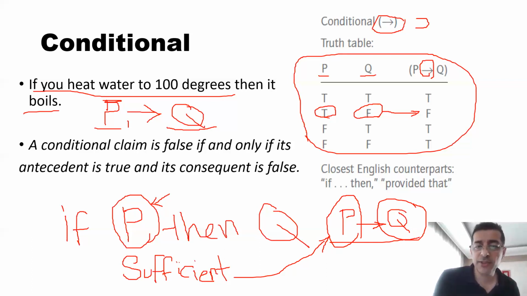So if we have combustion, then we must have oxygen, right? So we say combustion, oxygen. So oxygen is a necessary thing for combustion. Notice that the necessary condition becomes the consequent of a conditional, okay?